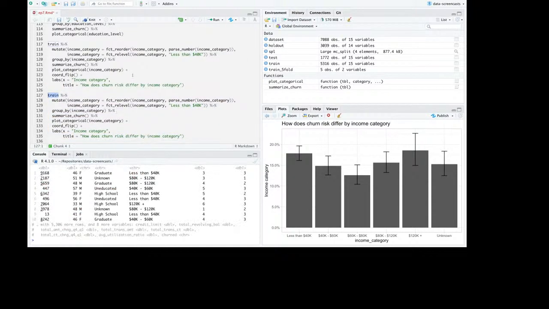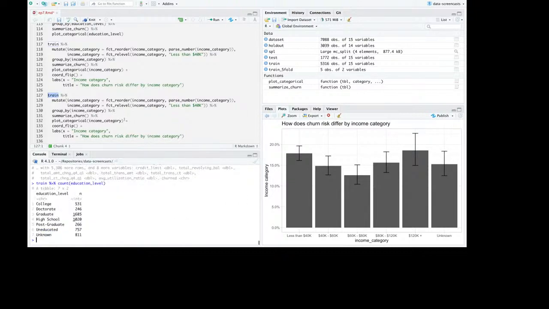We don't actually have a better trick than count education level and do fct_relevel education category and give it just a vector where we say unknown, uneducated, college, nope, high school.